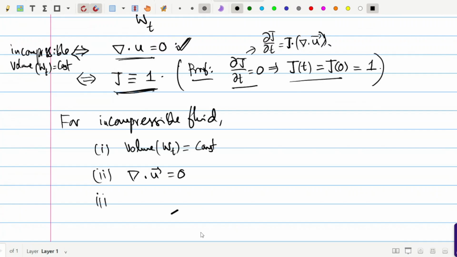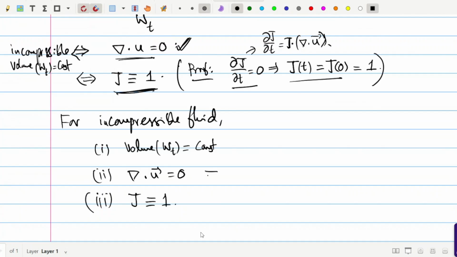The third one is the other definition that we give: the density is not changing with time, that means capital D rho by Dt equals 0. That comes from ∇·u equal to 0, which is exactly what you get from your equation of mass. So these statements are all equivalent, with J identically equal to 1.